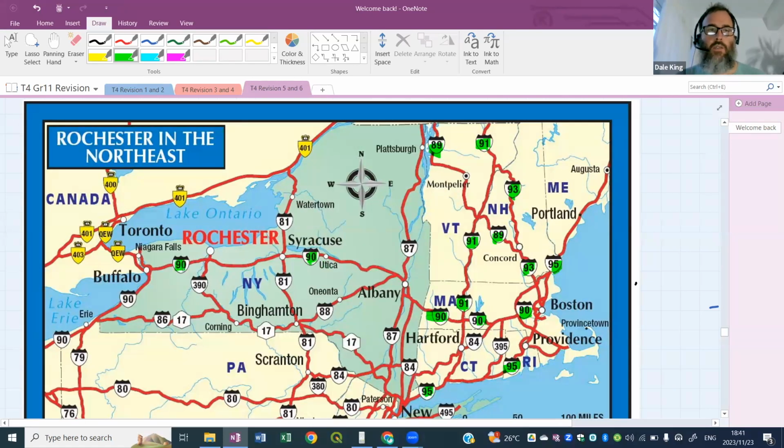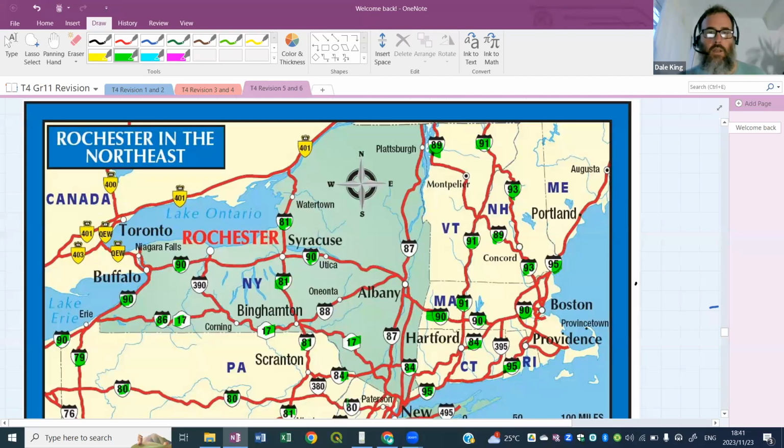You guys must count as we go. How many numbers have we done so far? 91, 93, 89, 95, 90. That's 1, 2, 3, 4, 5. Here's the 84, which is the 6th one. Here's the 81, which is the 7th one. Here's the 17, which is the 8th one. Here's the 90, which is the 9th one. Here's the 79, which is 10th. Here's the 86, which is the 11th.